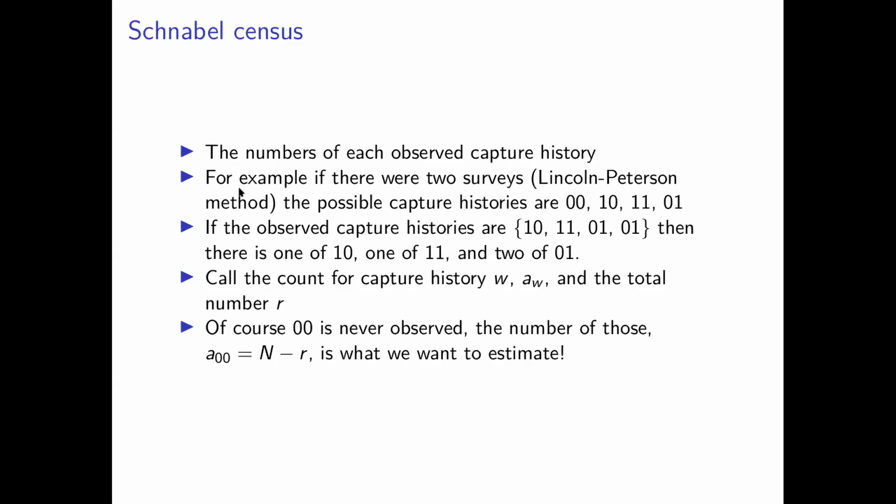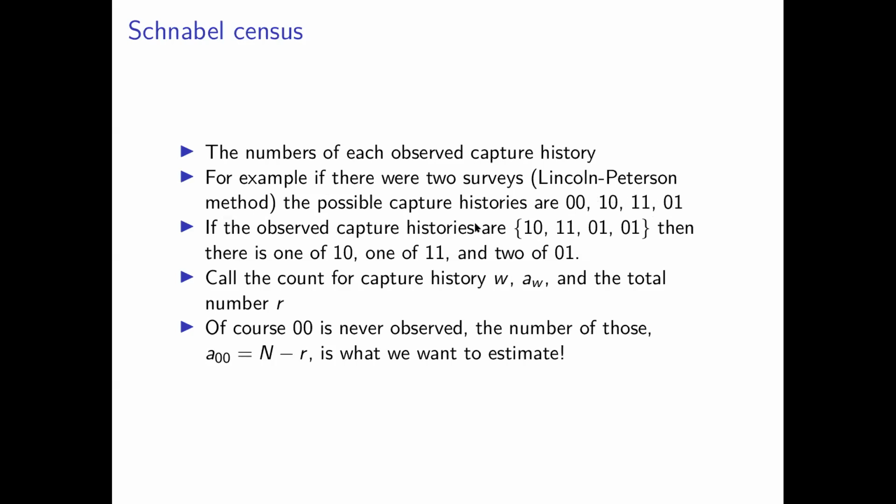So, for example, if there were 2 surveys, which would be the Lincoln-Petersen method from lecture 1, the possible capture histories would be 0 0, meaning you didn't capture the animal ever, 1 0, meaning you caught it on the first occasion but not on the second, 1 1, and 0 1. And those are all the possibilities.